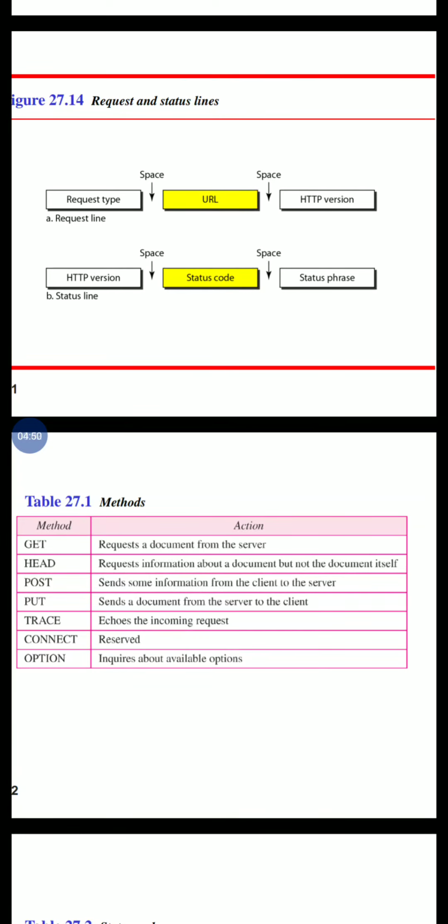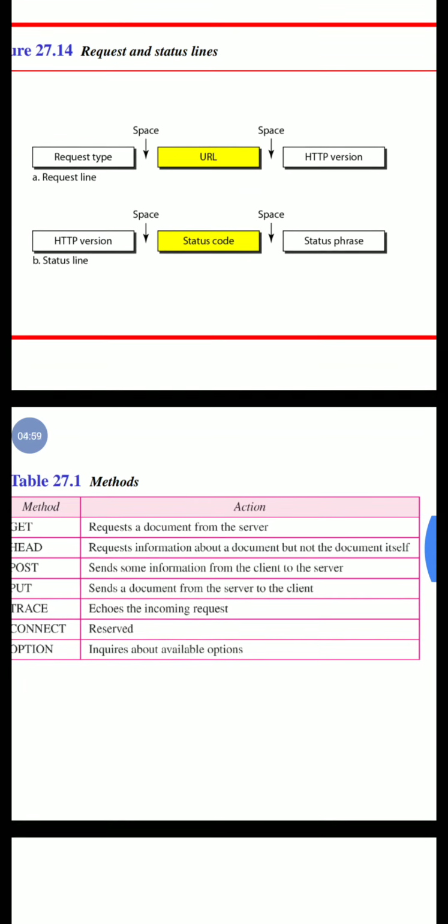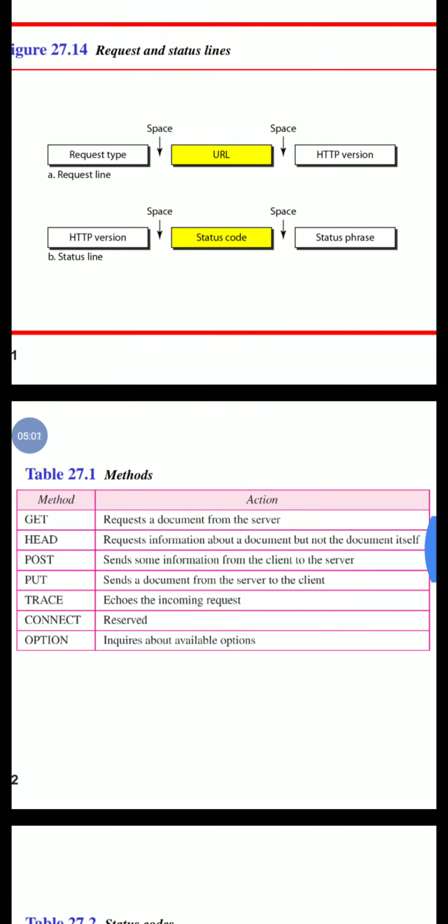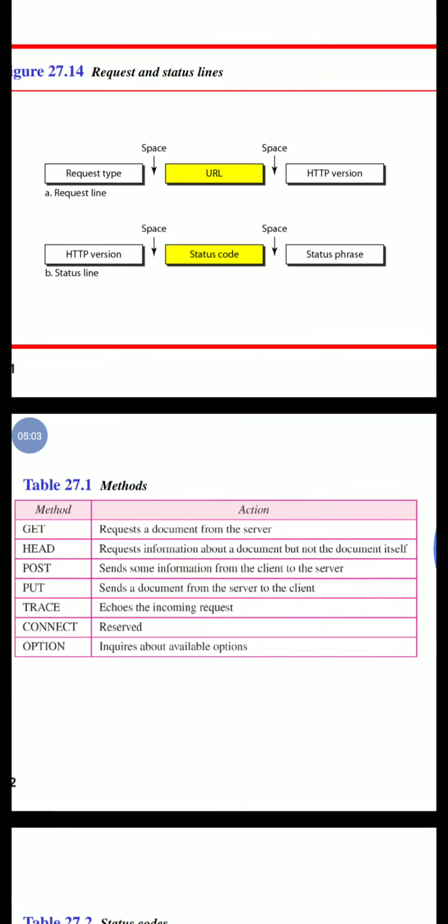On the left part you will find the methods, and on the right part the actions. GET requests a document from the server. When a client wants a specific document from the server, it gives a GET request to the server.